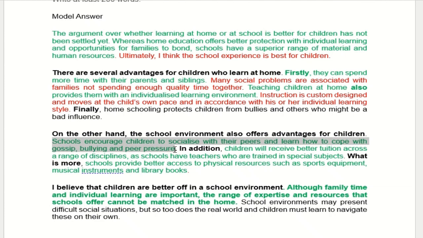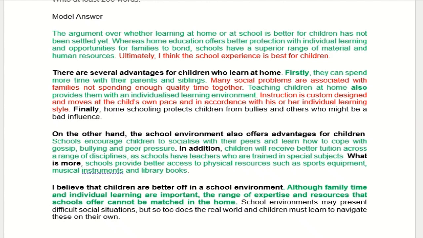You might think that there is no specific example here, but the instance is very specific, because schools encourage children to socialize. It's a specific thing that they do: socialize with their peers and learn how to cope with gossip, bullying and peer pressure. So this is specific enough and it should earn a full point.